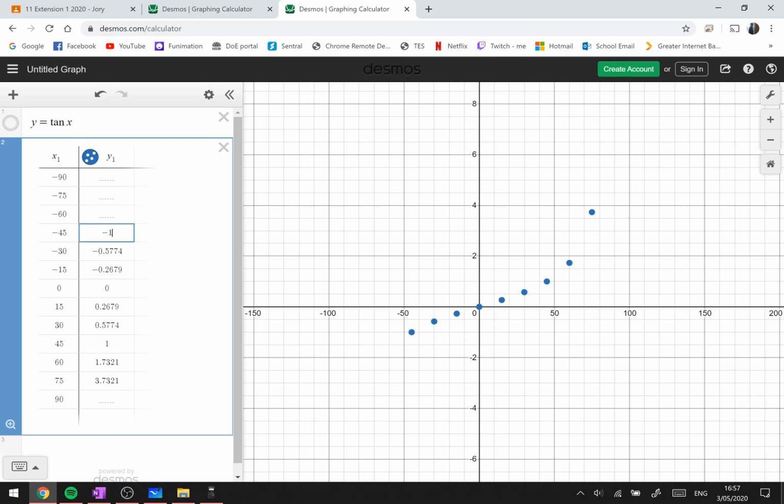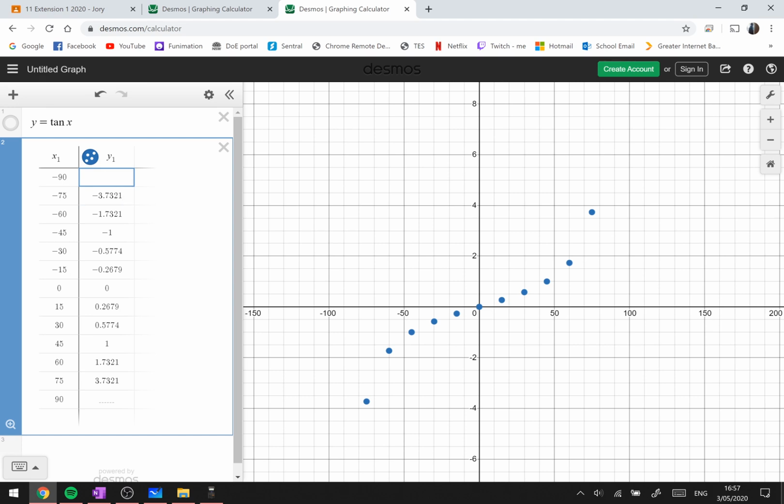Minus 45 is minus 1, nice and easy, that one. Minus 60 is minus 1.7321. Minus 75 is minus 3.7321. And again, if you try to put minus 90 into this, we're going to get a math error as well.